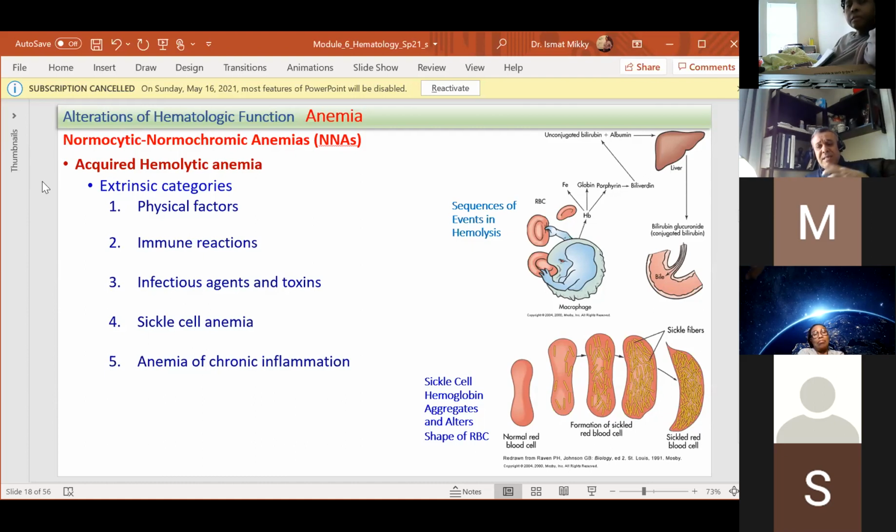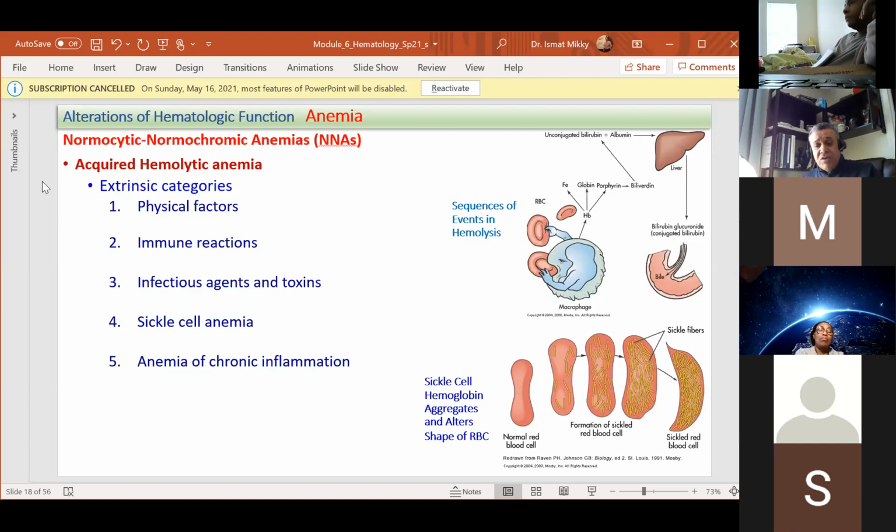So this hemodialysis mechanism and the filtration process would result in a physical destruction of the RBCs too. That's another factor why patients with end-stage renal disease are anemic, aside from the EPO erythropoietin problem. So extrinsic can be physical factors.